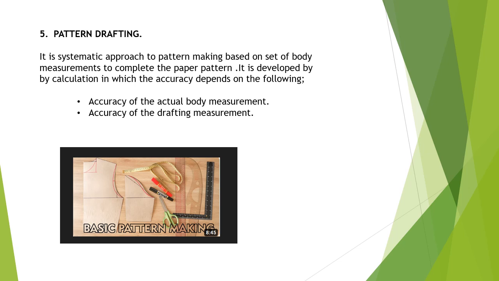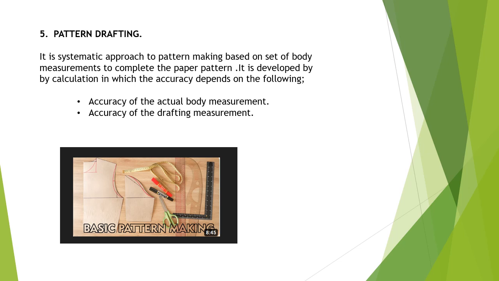So let us define what is pattern drafting. It is the approach to pattern making based on a set of body measurements to complete the paper pattern. It is developed by calculation, in which the accuracy depends on the following. So there are some things that you need to check when you're doing the pattern drafting. Number one, the accuracy of the actual body measurement.